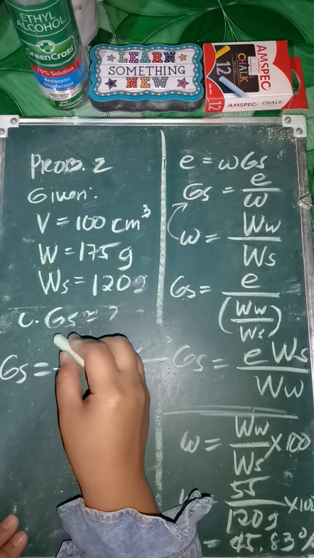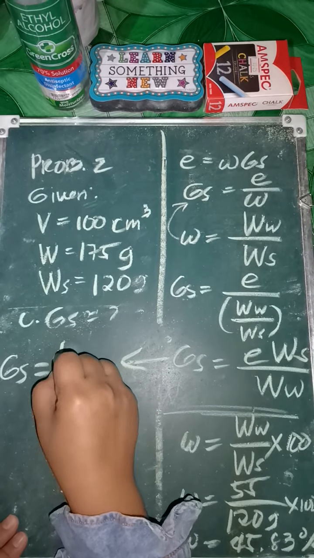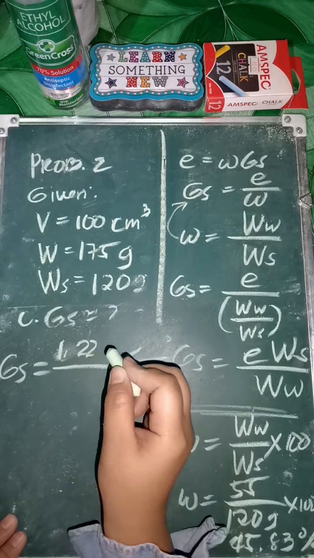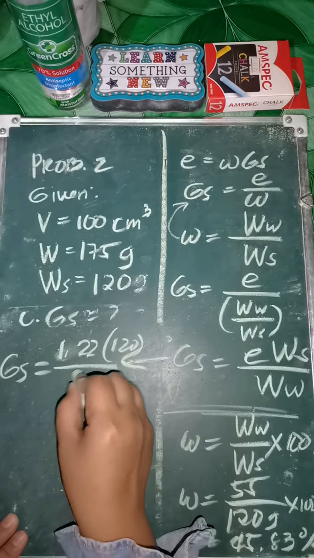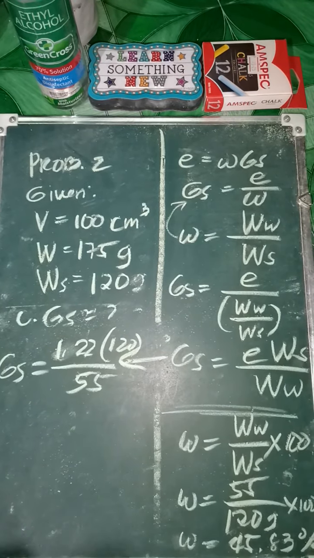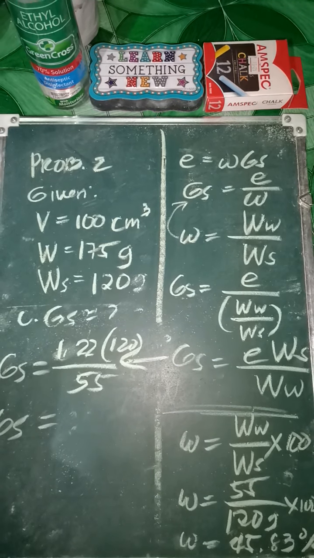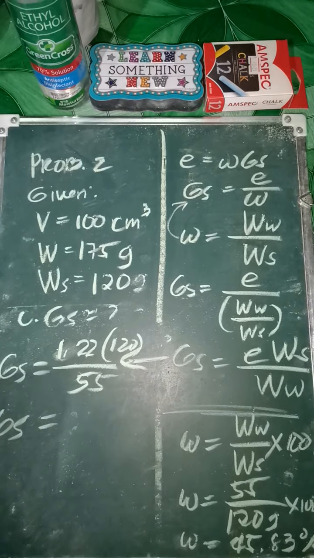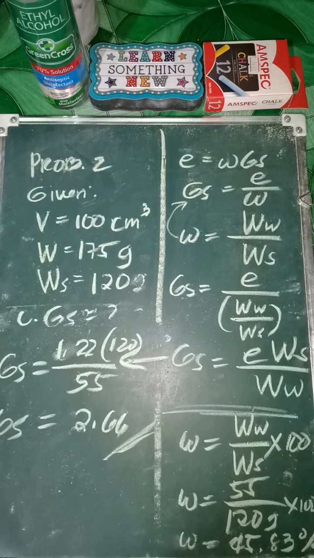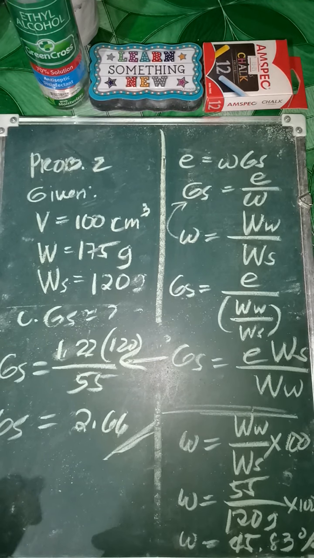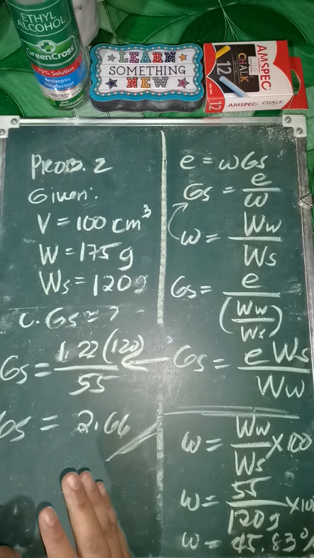So we have the void ratio E. Our E here is 1.22 multiplied by 120 divided by 55. So our Gs is 2.66. So that is the specific gravity. So that answers our problem number 2 questions.